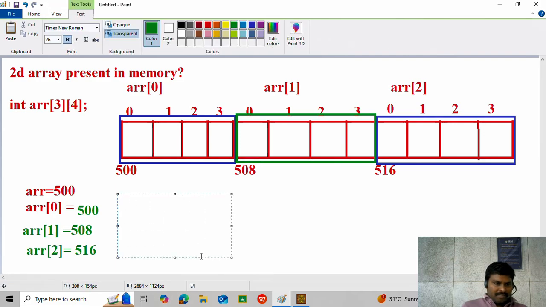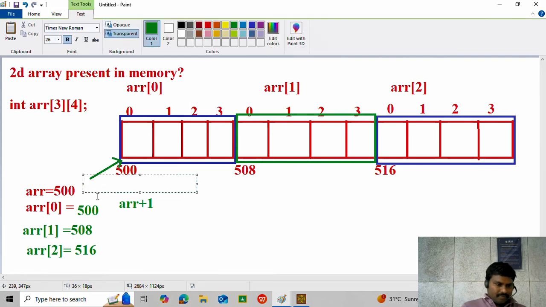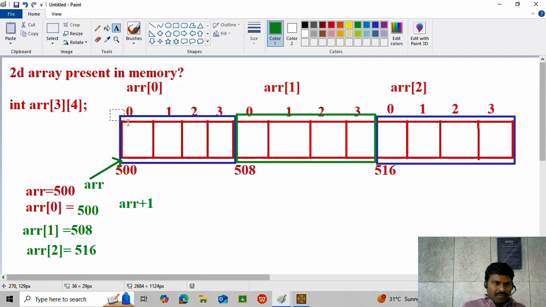So what does arr plus 1 mean? Arr is pointing to the base address of the array. Whenever we increment by one, arr is pointing to this array, arr of 1.